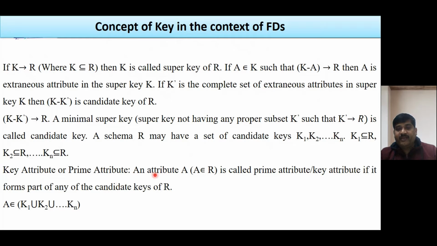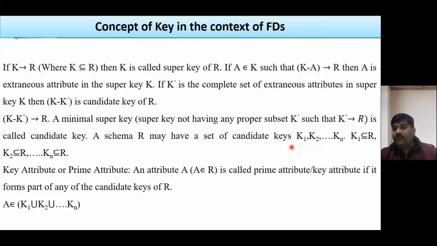So see here, an attribute A belongs to R is called prime attribute if it forms part of any of the candidate keys of R. यहाँ क्या कह रहा है कि अगर एट्रीब्यूट A किसी भी कैंडिडेट की का पार्ट है तो उसे आप कहोगे प्राइम एट्रीब्यूट, चाहे वो K1 का पार्ट हो, K2 का हो, Kn का हो.